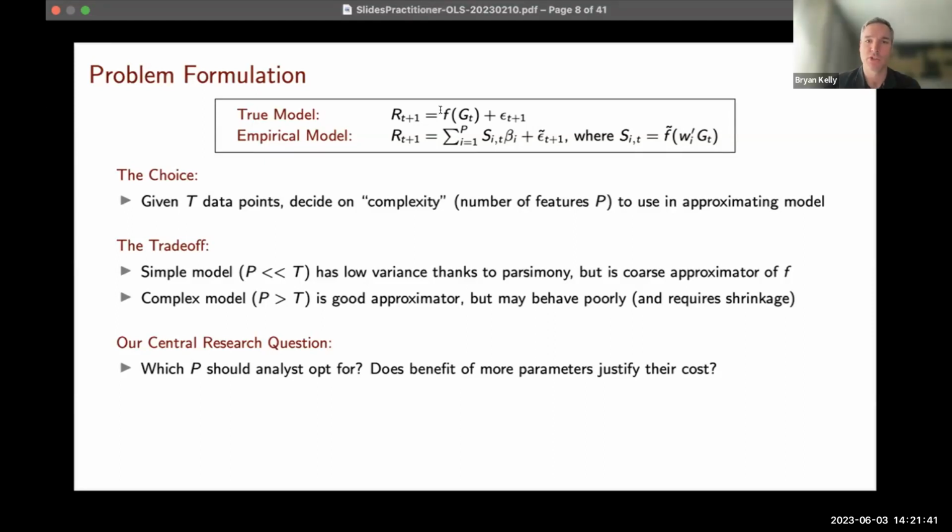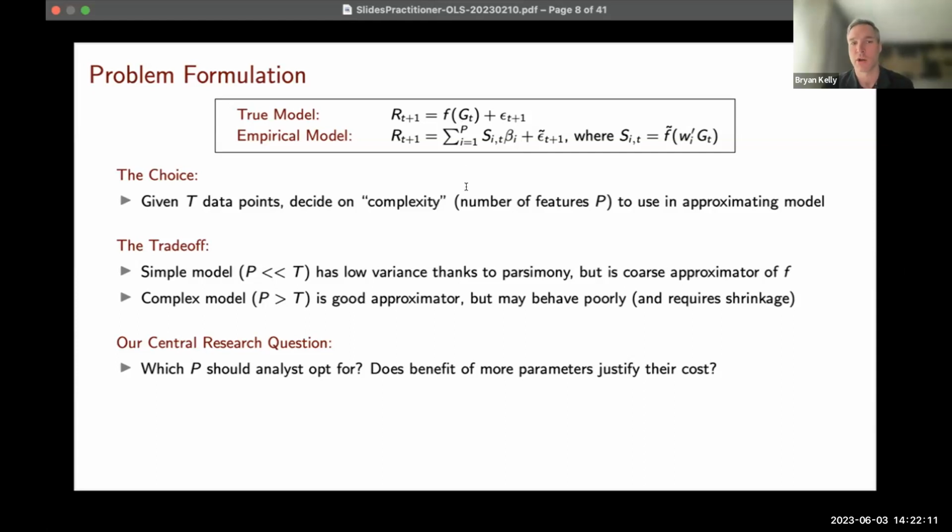So instead, I'm going to use a generic approximator like a neural network, represented in some sort of nonlinear regression like this. Now, the constraint is that I have a limited amount of data to train on, a fixed amount of data, T. Based on that, I need to decide how big of an approximating model to use. How many of these terms, what should P be when I run this approximating model?